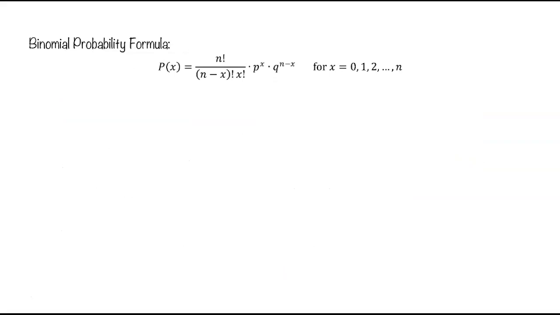In order to calculate the probability for each value of x, we have the following formula. In this formula, n refers to the number of trials. X is the number of successes in n trials. P refers to the probability of a success in one trial.